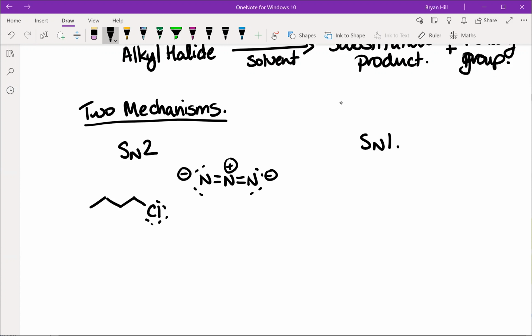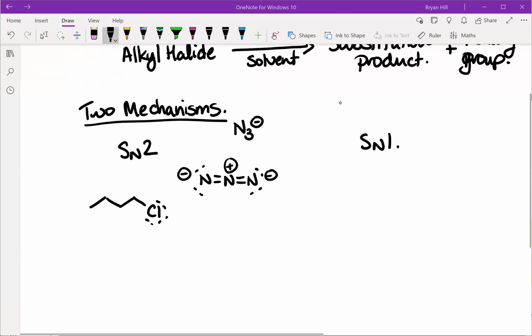Question: would azide, N3 minus is azide, be a good nucleophile or a bad nucleophile? It's a good nucleophile.